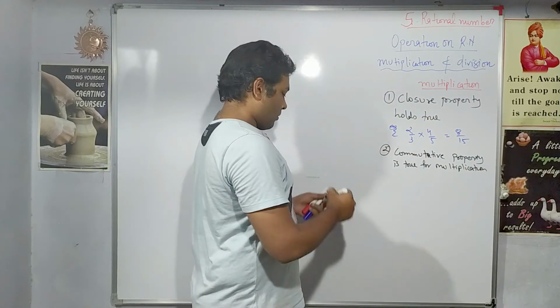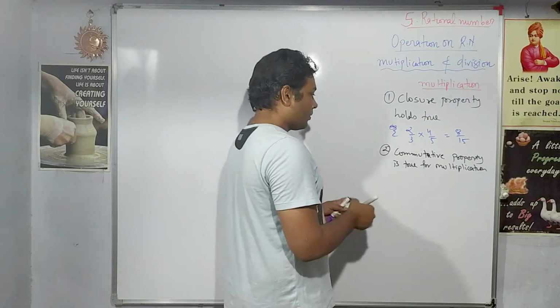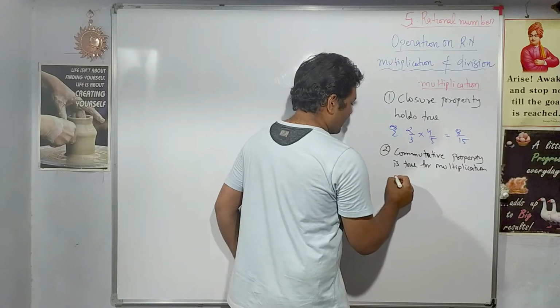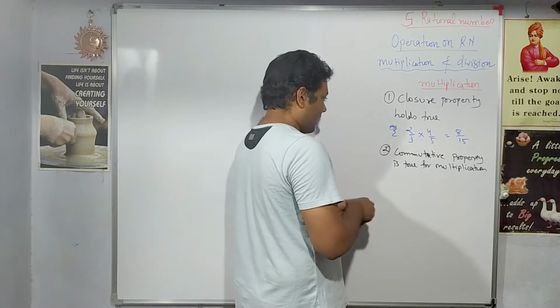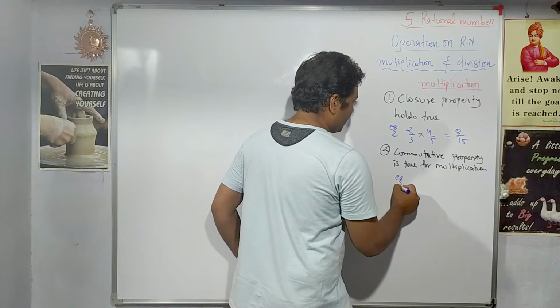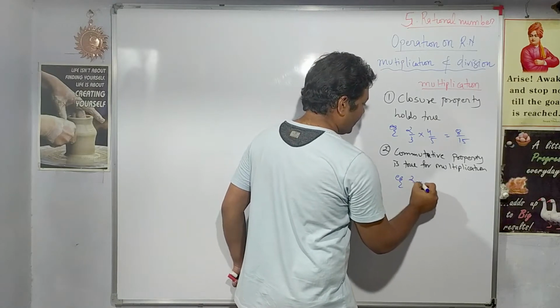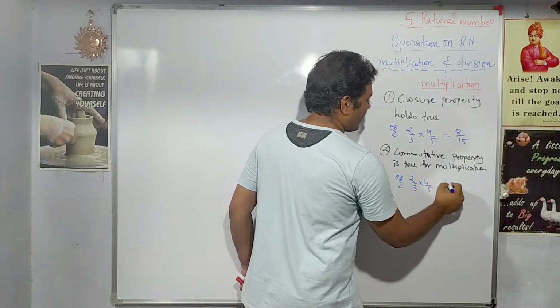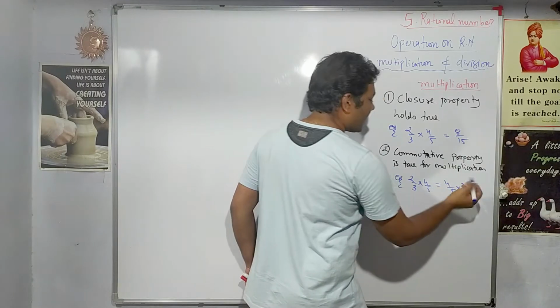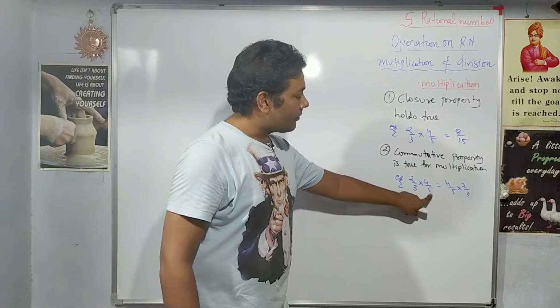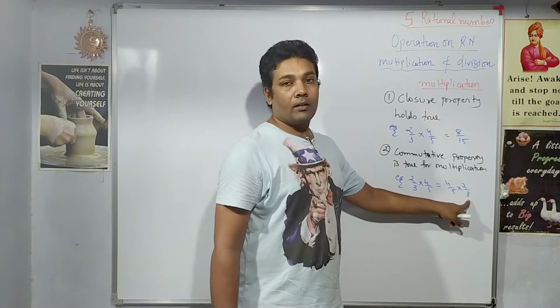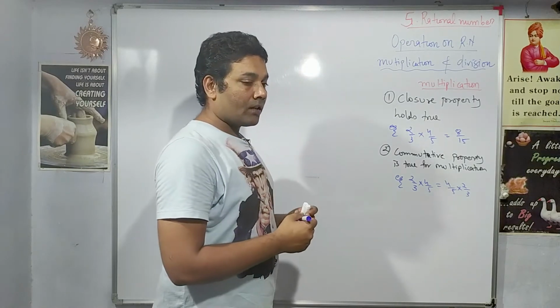For example, 2 by 3 into 4 by 5 is equal to 4 by 5 into 2 by 3. You multiply one with the other or the other with the one. Both are one and the same thing.